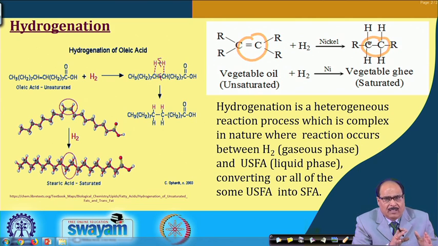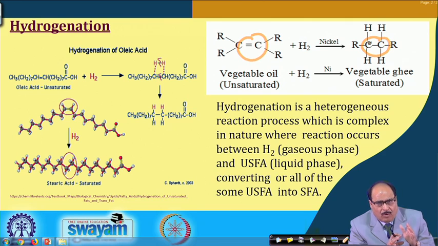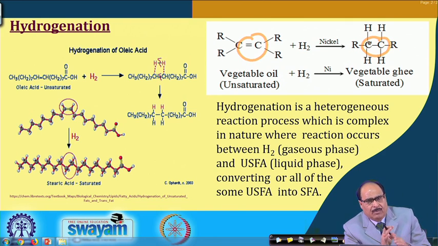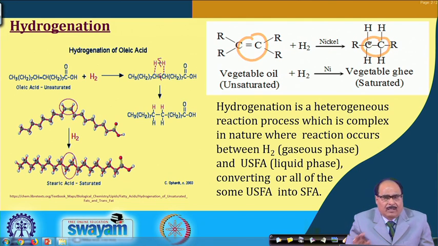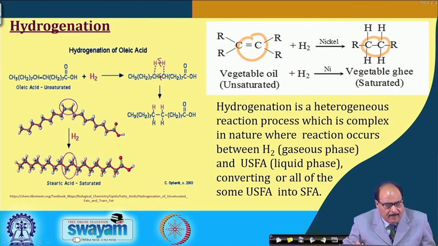Once one double bond is saturated, it will be converted into linoleic acid. If another double bond is converted into a single bond, it will be converted into oleic acid, and the oleic acid after saturation will be converted into stearic acid. So, in this process unsaturated oil or fat is converted into a saturated fat or oil.